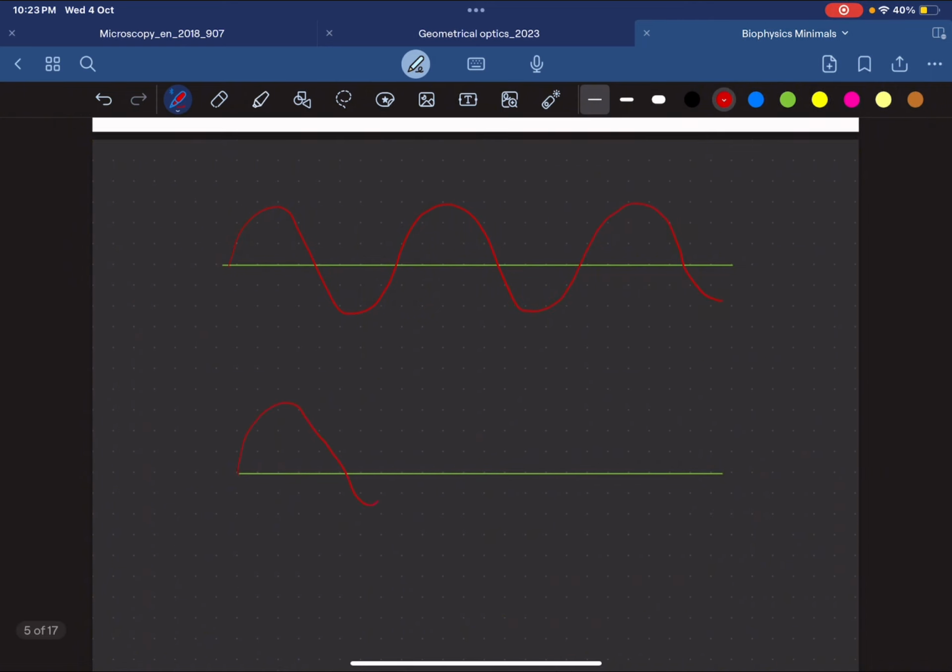Okay, that should be good enough. Now, one cycle of a wave is that much. One crest and one trough make one cycle. That's one cycle. Now, let's mark a point here somewhere.